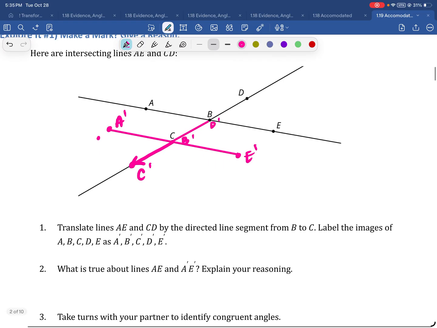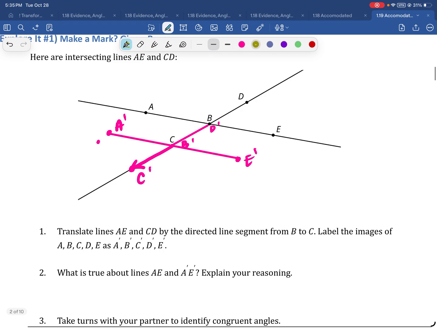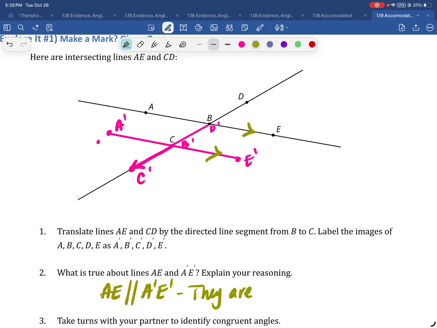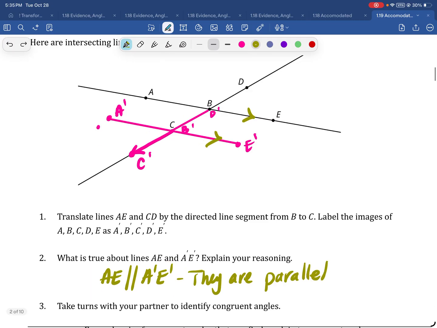What is true about lines AE and AE prime? Please put the arrows. AE is parallel to AE prime. You could use this notation or write it out that they're parallel.